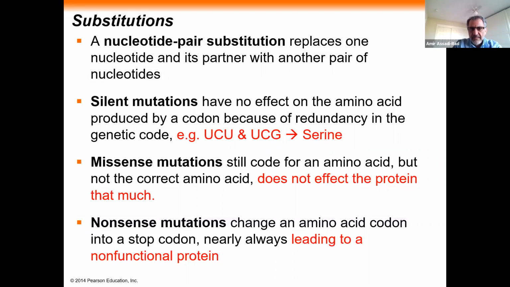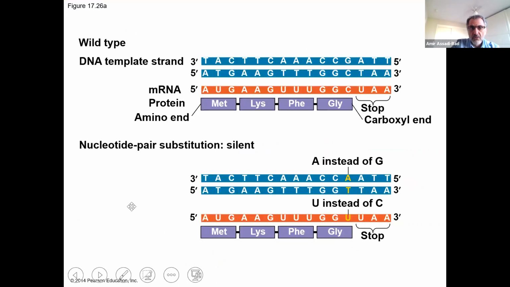That's a missense mutation. Nonsense mutation is when you have a change leading to a non-functional protein, changing an amino acid codon to a stop codon nearly always. The stop codon comes instead of the amino acid, and that's again a horrifying mutation.